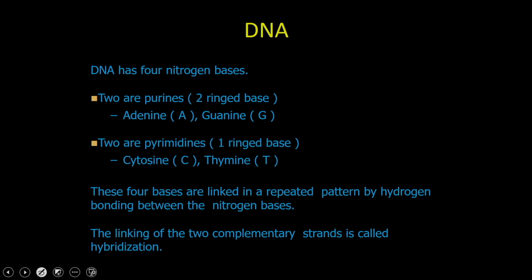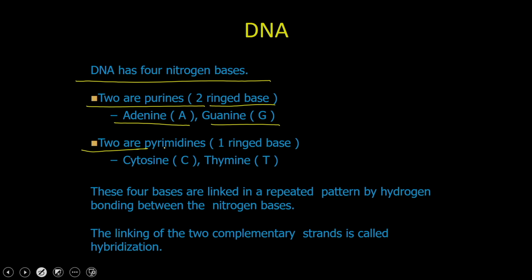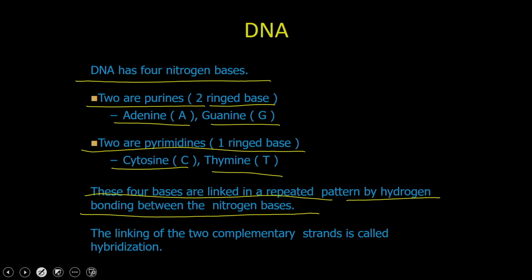DNA has 4 nitrogen bases. You have 2 purines, the 2 ring bases adenine and guanine, and then you have 2 pyrimidines, cytosine and thymine, and these 4 bases are linked in a repeated pattern by hydrogen bonding between the nitrogen bases.